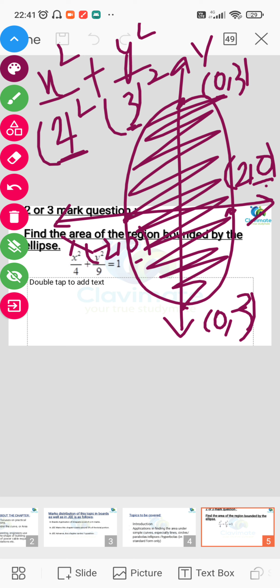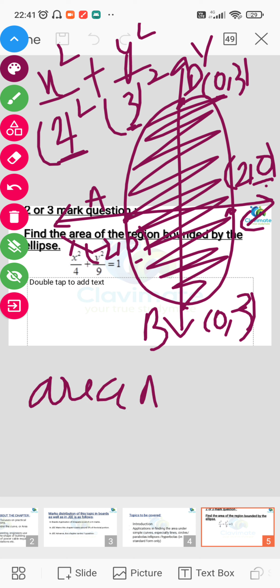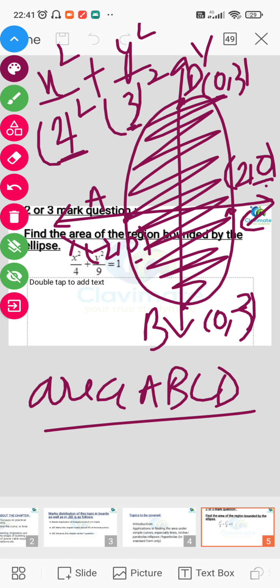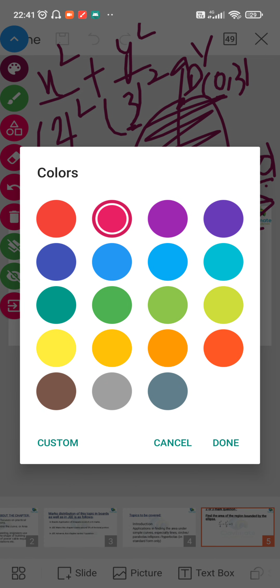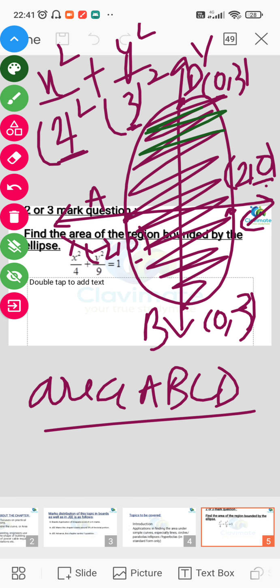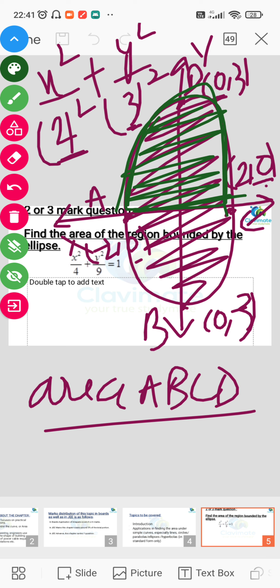If I name the points A, B, C and D, we have to find the area ABCD, which is the area of the ellipse. Let us change the color and consider this portion first. It is ACD, so let's cover ACD.